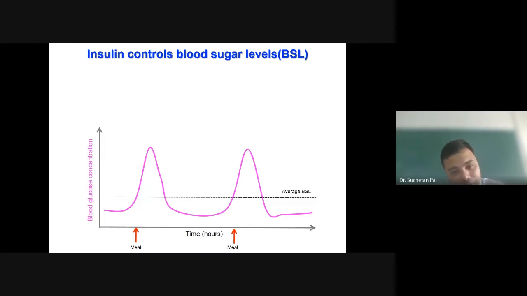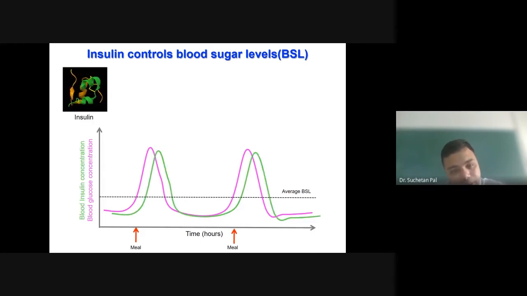After some time, this blood glucose level will come down because of the production of insulin. The blood glucose triggers the production of insulin, and insulin increases the glucose metabolism rate in your cells, and the blood sugar level will come down very easily to a very low level.